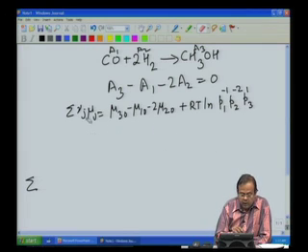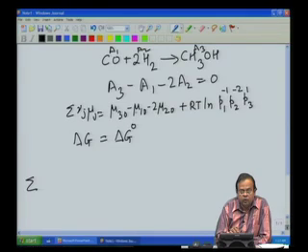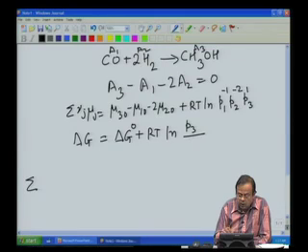Now let me continue this discussion further. My free energy change, which I had earlier defined as summation nu j mu j, will be the free energy change at standard conditions, and these values you know from thermodynamics, plus RT ln P3 divided by P1 into P2 square. What is my partial pressure P1?